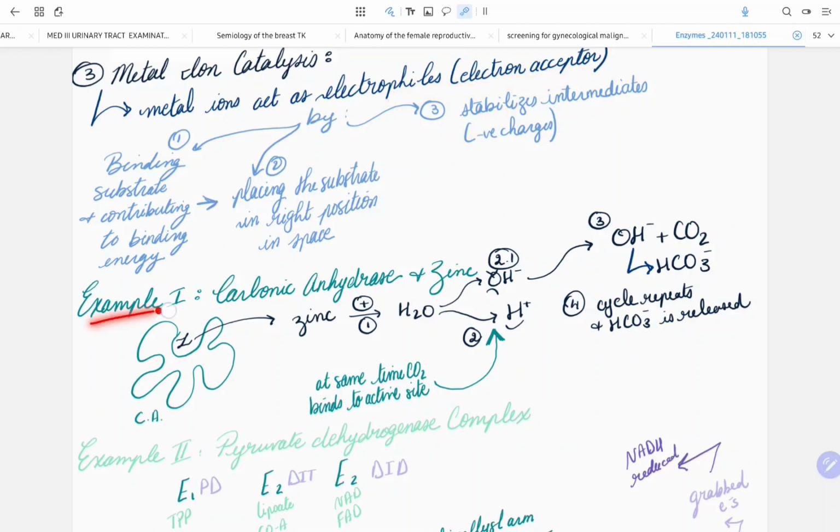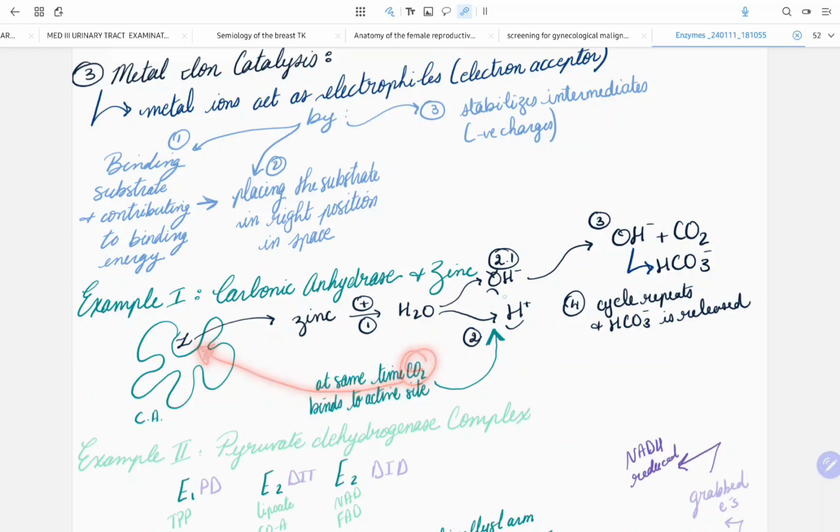So the first example that was found in your lectures was about carbonic anhydrase, which is the enzyme that we're talking about, and the metal ion, which is zinc. So zinc that is found on the active site of the enzyme activates the separation of water into hydroxyl and H+. At the same time, carbon dioxide binds to the active site.